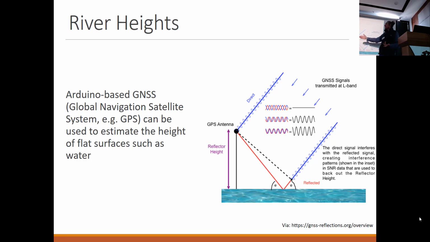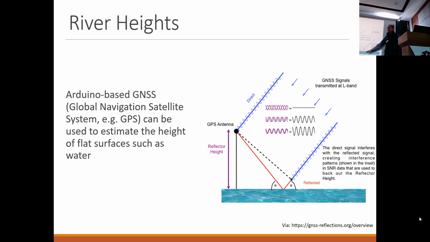And what a GPS antenna can do, if you set it up to measure this, is it gets both the signal directly from the satellites, and it can get a signal that goes and hits a surface and is reflected to the same GPS receiver. This basically can tell you how high you are above that surface.